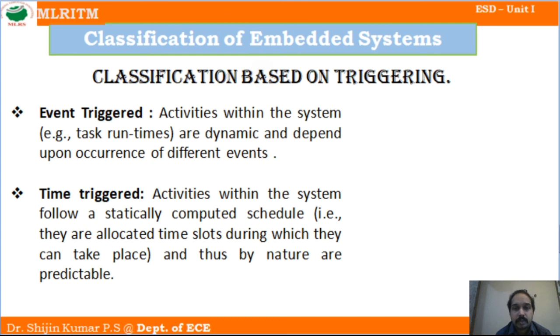So at 10 p.m. the AC must turn on, we can set it. When the time reaches 10 p.m., the AC will be turned on and will start cooling the room. That is what is called time triggered.